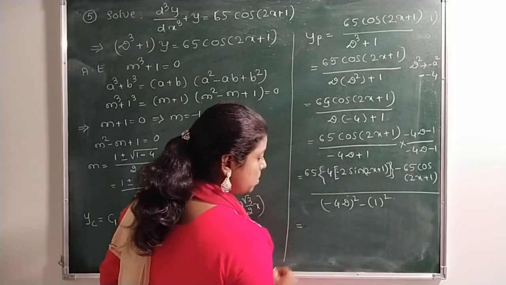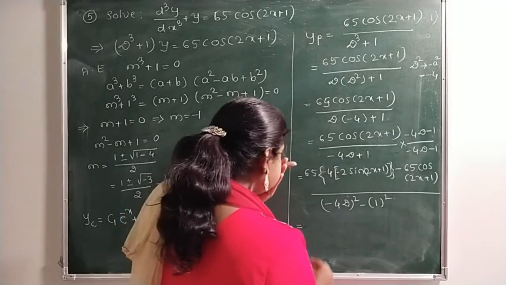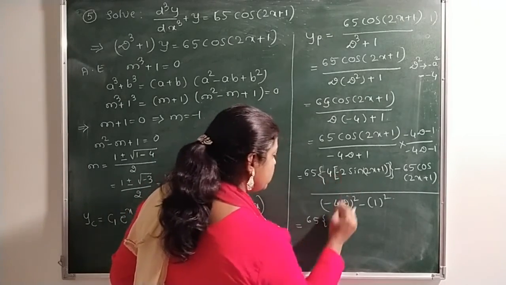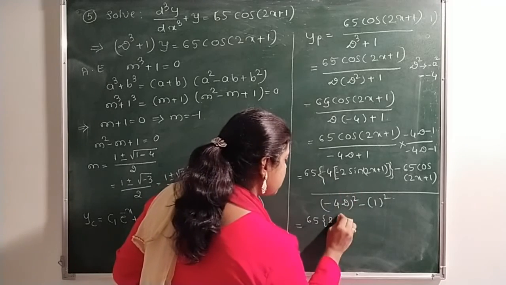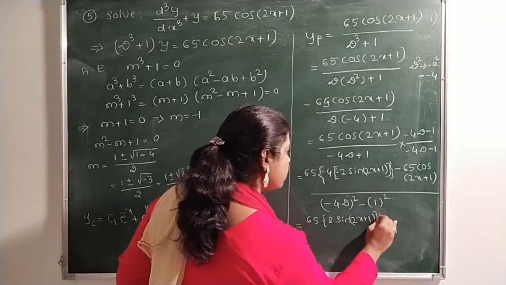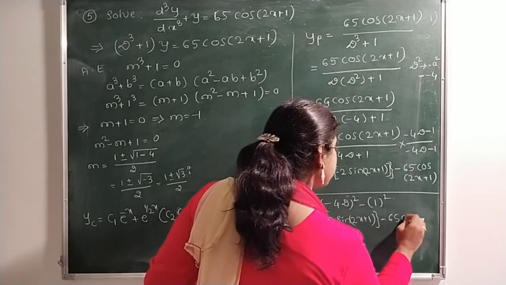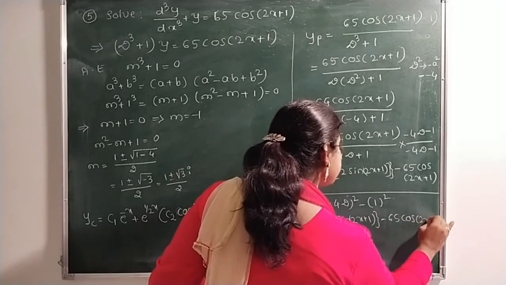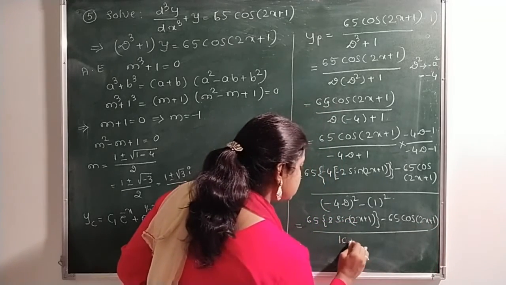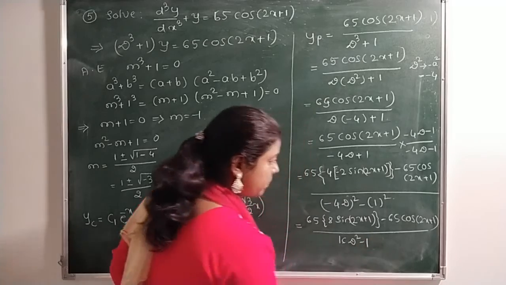This we have to simplify. 65, 4 into 2 is 8, minus minus becomes plus, sin 2x plus 1, minus 65 cos 2x plus 1, divided by 16D square minus 1.